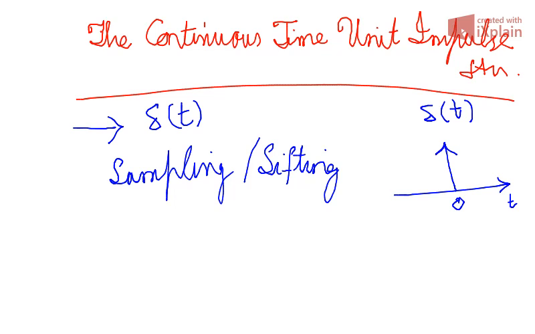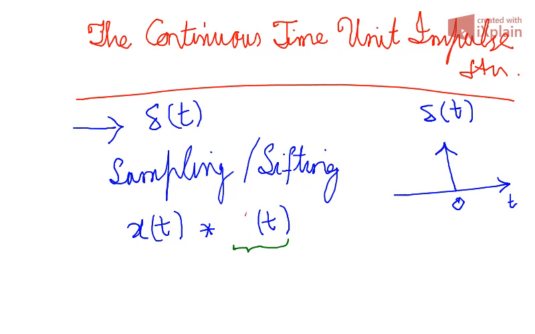And I would like to show you some mathematical expressions in which we would use delta of t in multiplication with a signal, and we would see what is the result. The signals are usually some function x of t, and we multiply it with delta of t or some other versions of this delta of t.